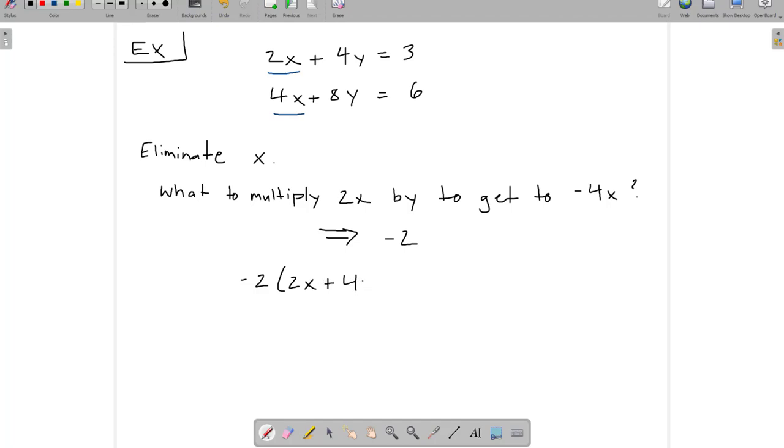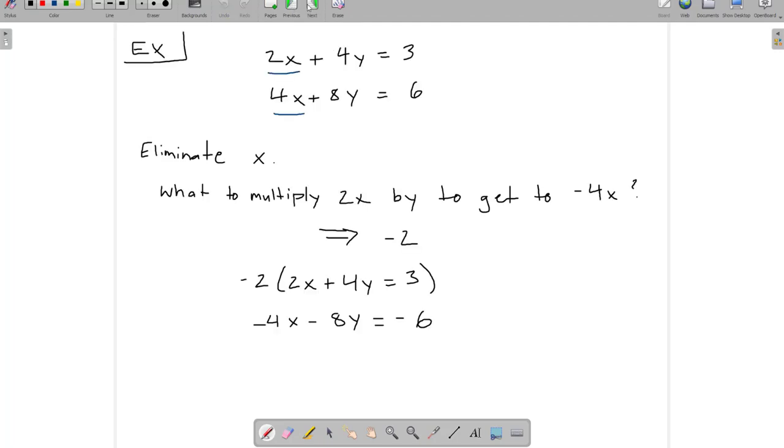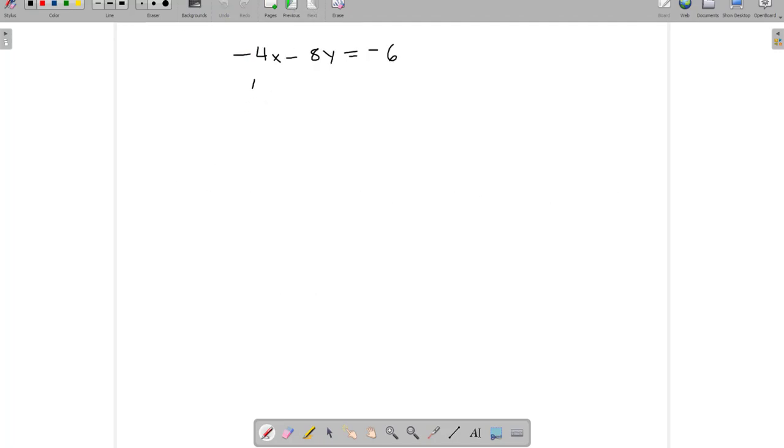2x plus 4y equals 3. Distribute that negative 2, that'll be negative 4x minus 8y equals negative 6. So that will be my new equation that I'm working with, negative 4x minus 8y equals negative 6. And we'll add that to the second equation, 4x plus 8y equals 6.